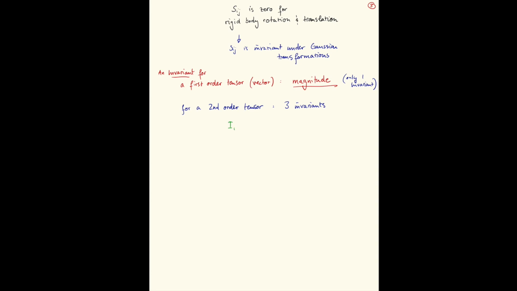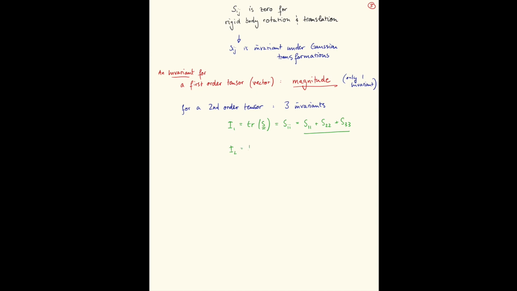The first one we've encountered before, invariant 1, is the trace of our strain rate tensor, which is written as SII, which means it's just the sum of the diagonal elements. So that sum here never changes under rotation or translation. The other 2 are a little more complicated.